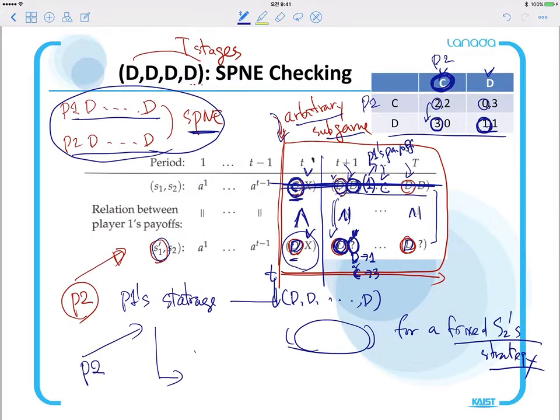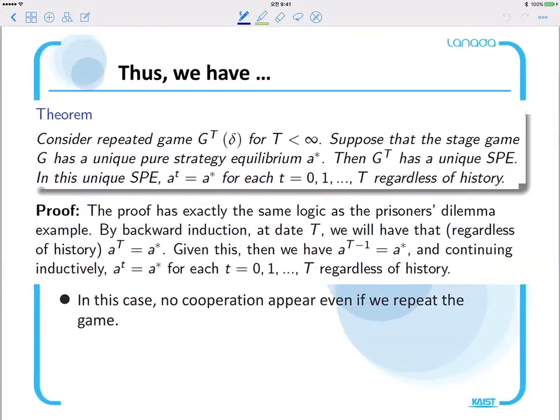Now the question is whether this subgame perfect Nash equilibrium is unique or not. Is there any other subgame perfect Nash equilibrium? I'm not going to do the math, but when you analyze this game more, we can see that it's actually unique.